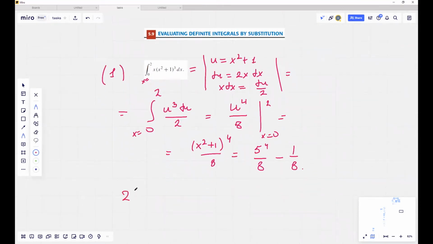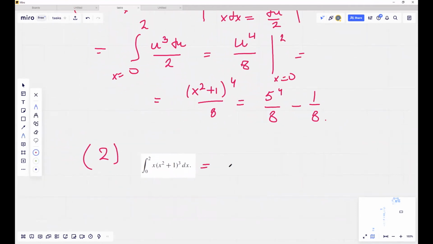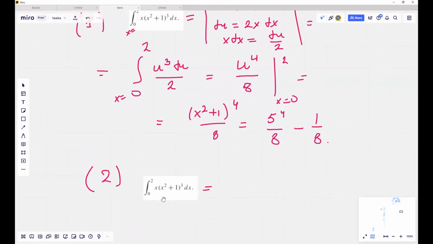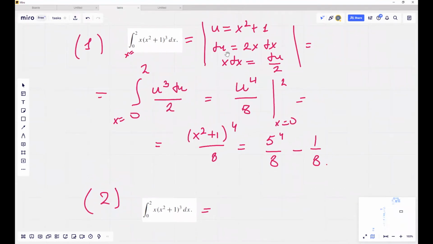And in second method, let's copy this integral again. Now, in our second method, we again will start by using U-substitution, but we also add a small additional step here.